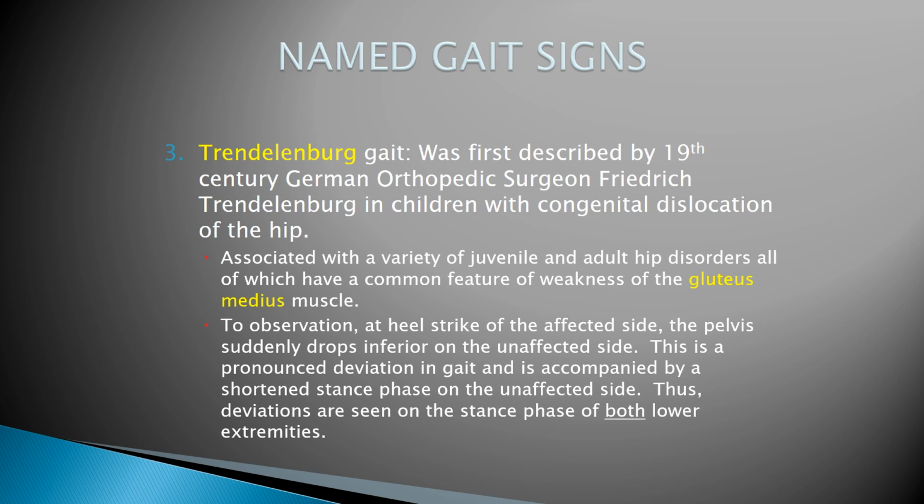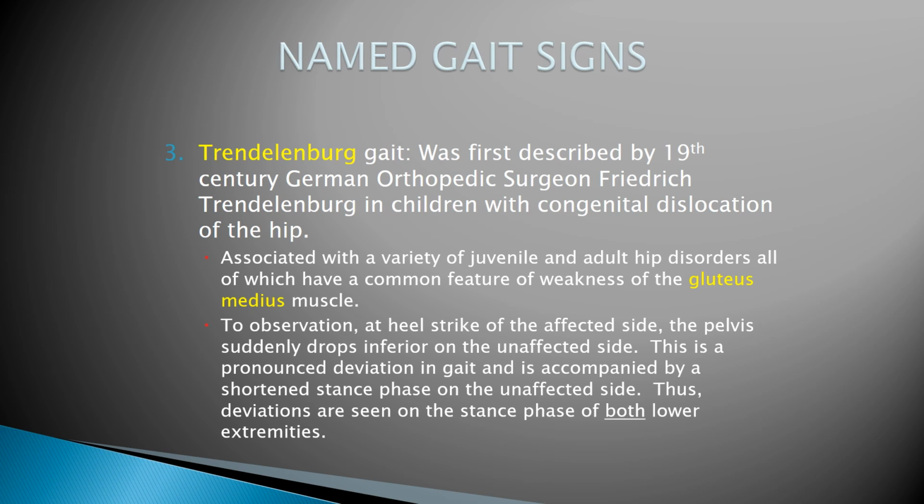Now, the gluteus medius muscle is responsible for stabilizing the pelvis as the legs go through the gait cycle. So a Trendelenburg Gait manifests itself by a sudden dropping of the pelvis inferior, in other words, a downward dropping of the pelvis on the non-weight-bearing leg.